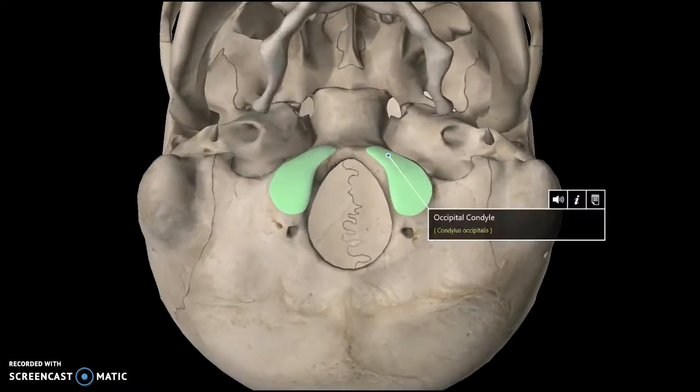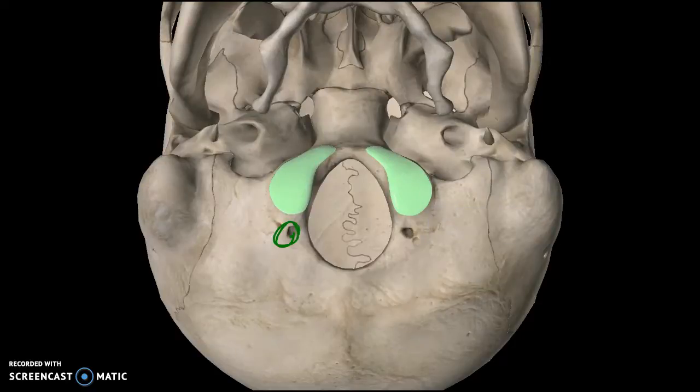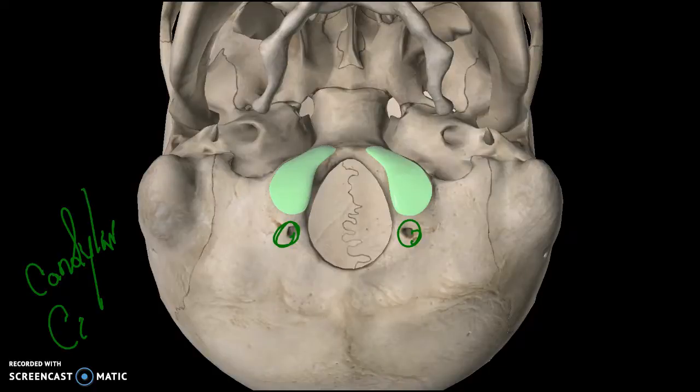And you see two holes right next to them, and these are known as the condylar canals. So again, this big one here is the occipital condyle, and the small ones are condylar canals.